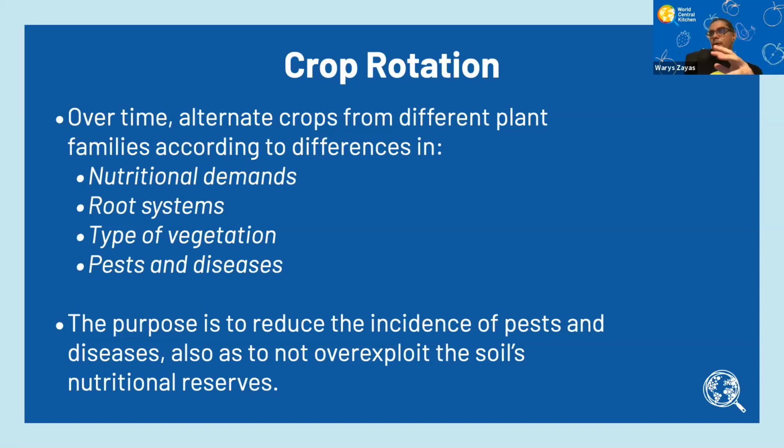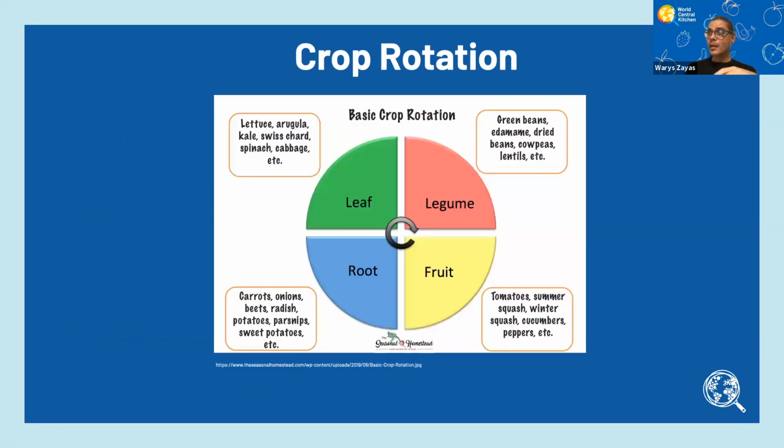As you can see, the purpose is to reduce the incidence of pests and disease, and also not to overexploit the soil's nutritional reserves. This graphic shows you how to do crop rotation the right way. Each of those colors represents a different plot in your farm, and they can be rotated.